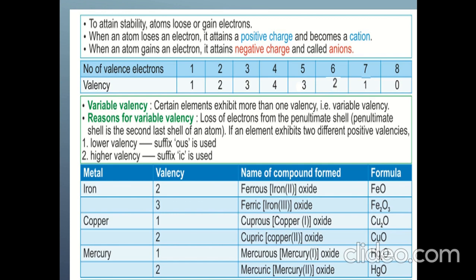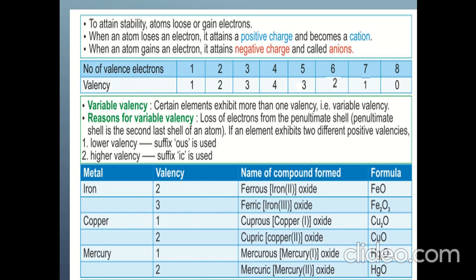So if an element exhibits two different positive valencies, a lower valency and a higher valency, for the lower valency the suffix OUS is used, and for the higher valency the suffix IC is used. For example, in case of iron, valency 2 is ferrous.